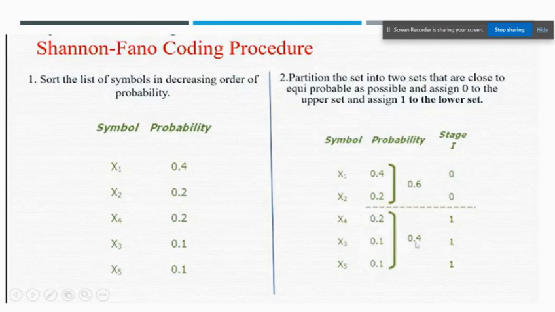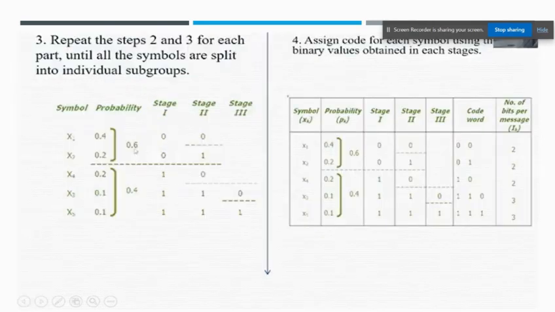By adding 0.4 and 0.2, we get 0.6 as the sum, and 0.4 as the sum for set 2, so we have a small difference between the two. So we take the upper one as the upper set and the lower one as the lower set, assigning zeros to the upper set and ones to the lower set.